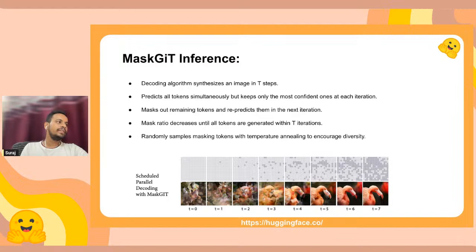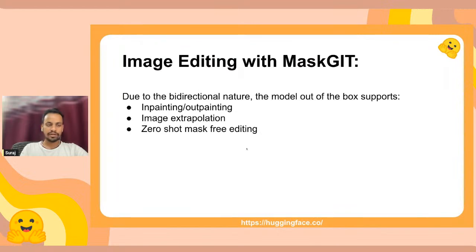Also, the key thing you notice here is that when we start the generation, the number of predicted tokens is very small. For example, in the first step there's just one token, then we have 7 or 8 tokens. But as we get more context, we sample multiple tokens. That's because the model has more bidirectional context. And to introduce diversity in generation, we use temperature annealing.